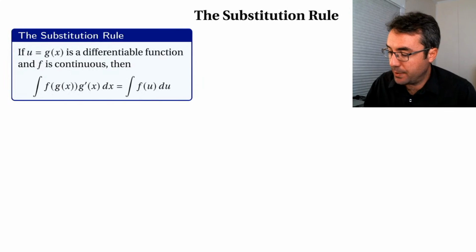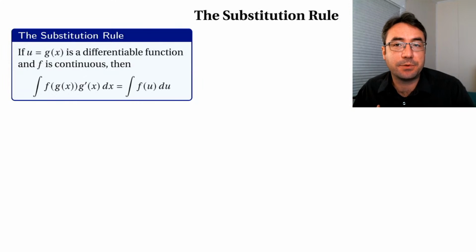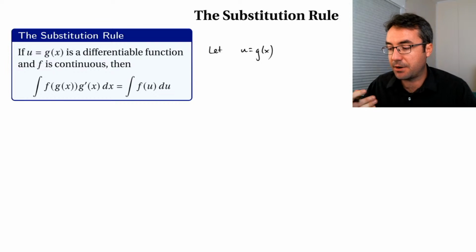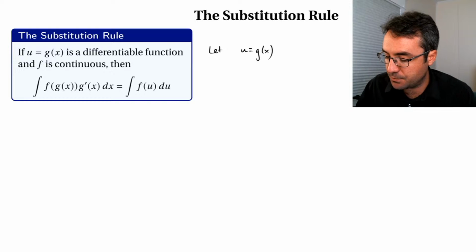And so what we're doing here is really like a change of variables. We identify what the inner function is, and then we do a change of variables based on that. So what we're going to do is let u equal g of x. And this is our inner function. So we're going to let u equal the inner function. And then once we've figured that out, we're going to calculate du.